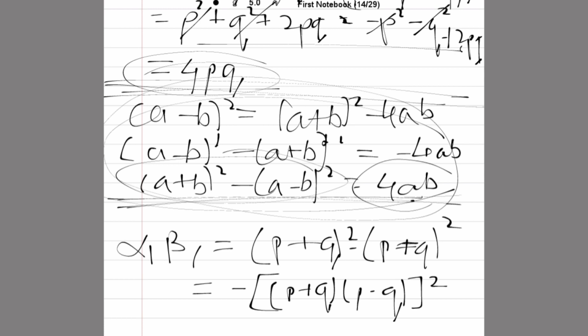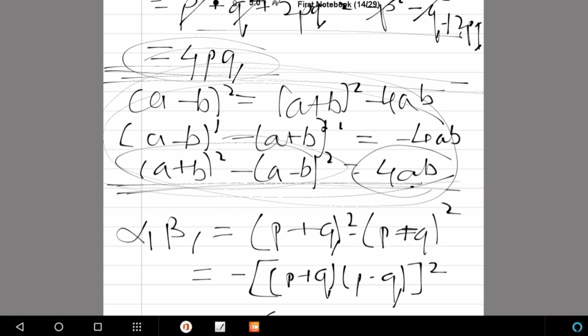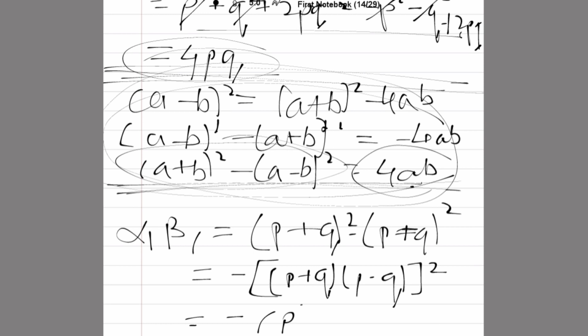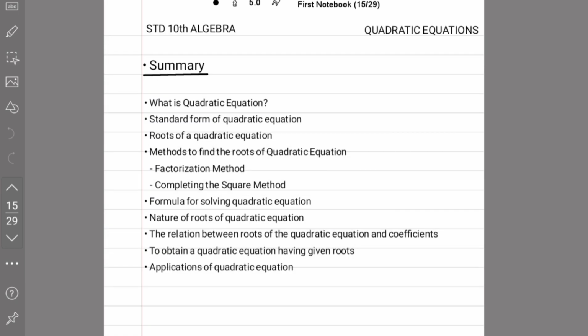Now if you see that this is a plus b and a minus b, can we not write it as minus (p square minus q square) whole square? Yes, we can write that. And we got the values of alpha 1 plus beta 1 and alpha 1 into beta 1, right?